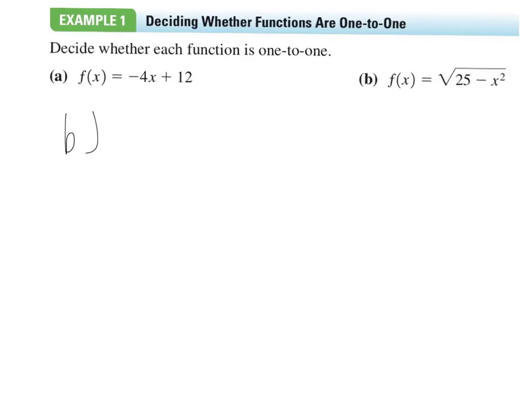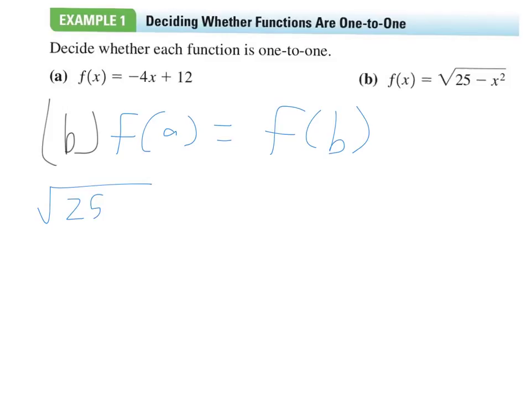Alright, so now for part B. We can start with the contrapositive again. f of a is equal to f of b. So that would be the square root of 25 minus a squared, where a is a random x value, is equal to 25 minus b squared, the other random x value.